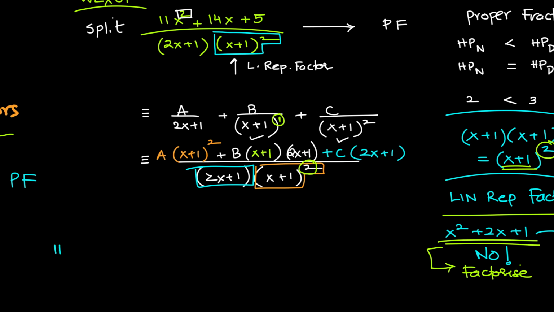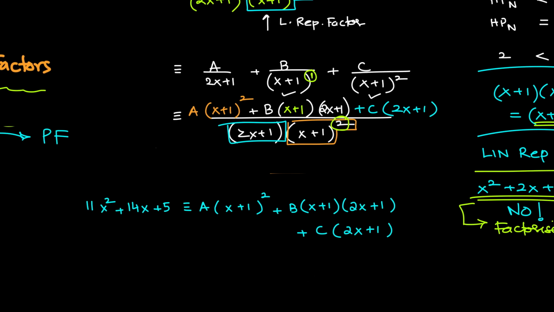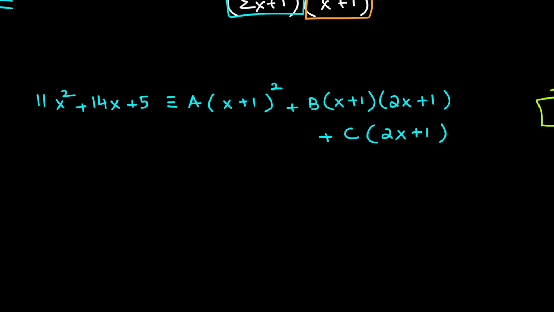We have the expression 11x squared plus 14x plus 5. It's identical to a multiplied by the bracket square. X plus 1 is inside the bracket. B is being multiplied with x plus 1, 2x plus 1. And C is multiplied with 2x plus 1. So now we can get started in any order.